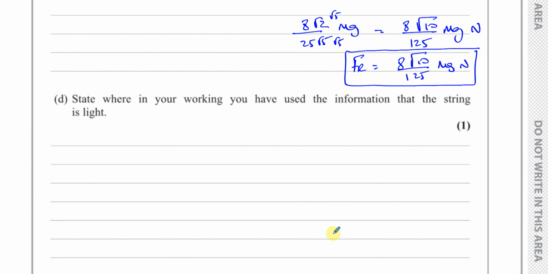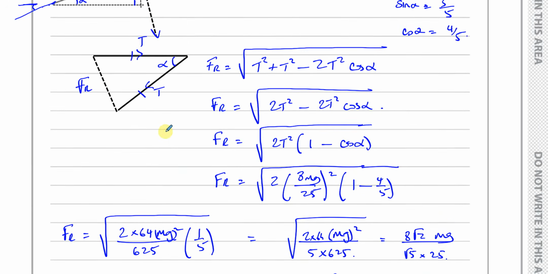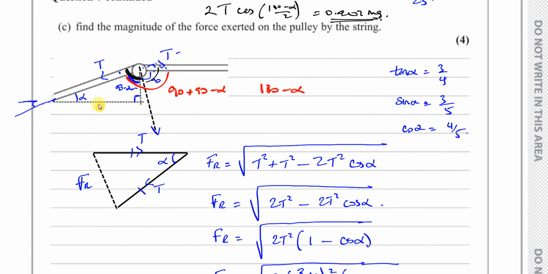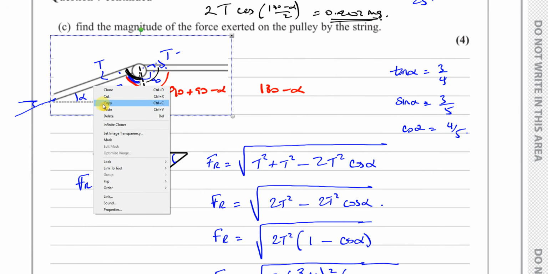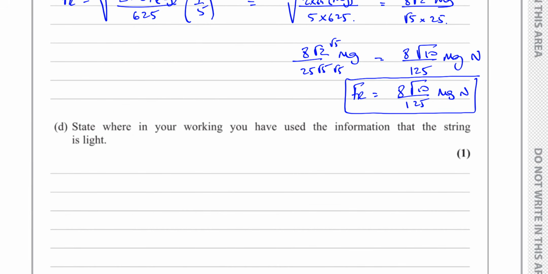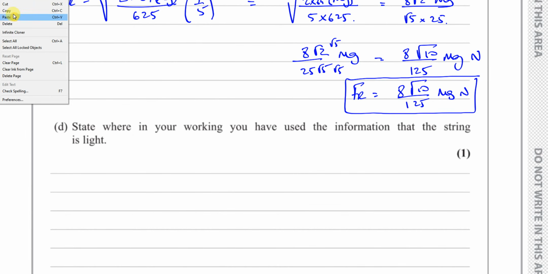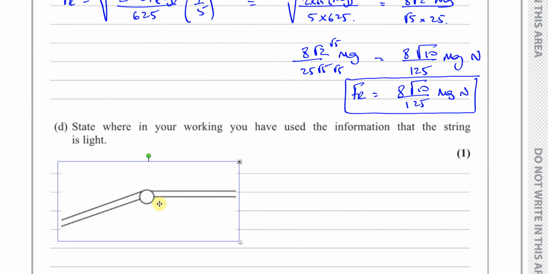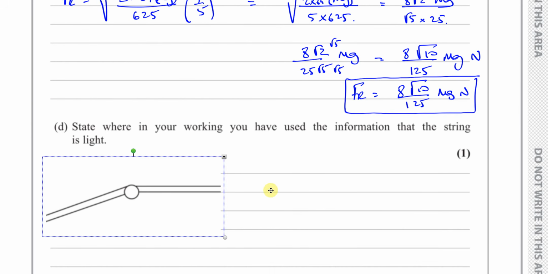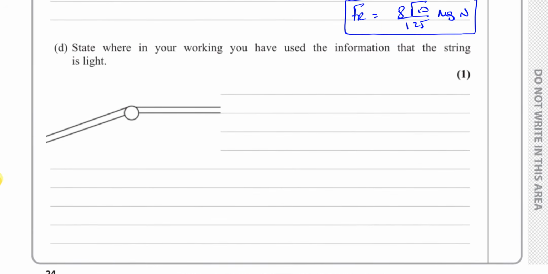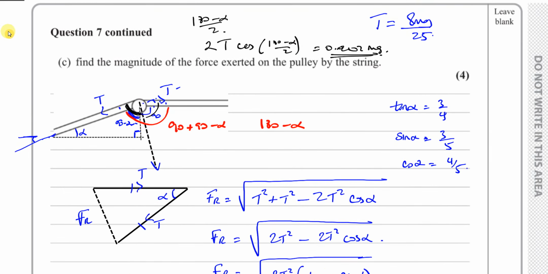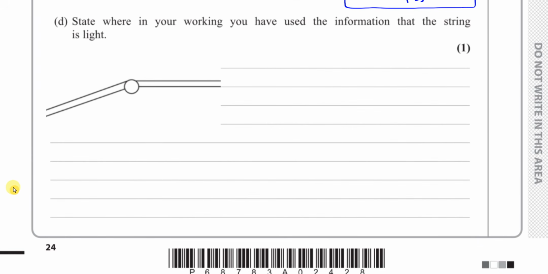So basically, we know that on both sides of this string, the tension is going to be the same. And how does your string being light make the tension the same? That's something that a lot of students don't quite understand.